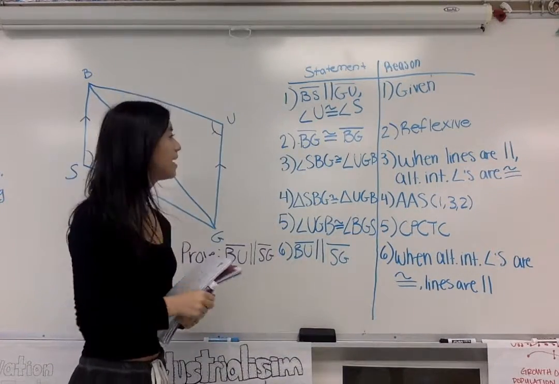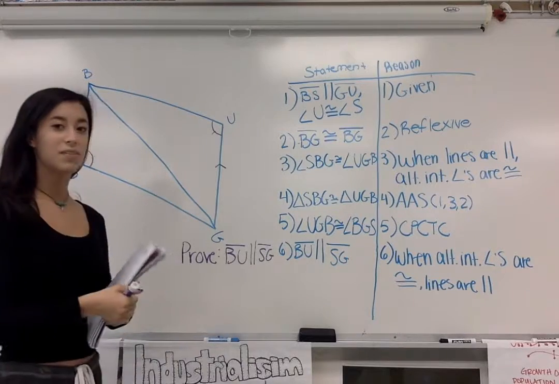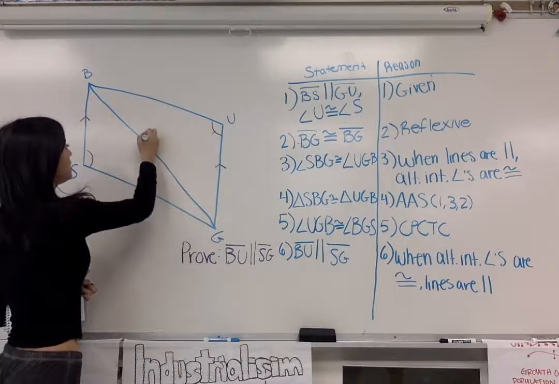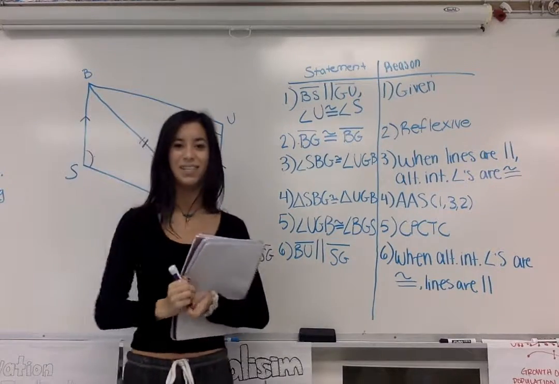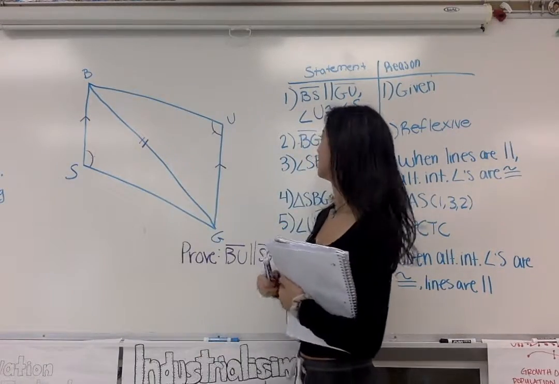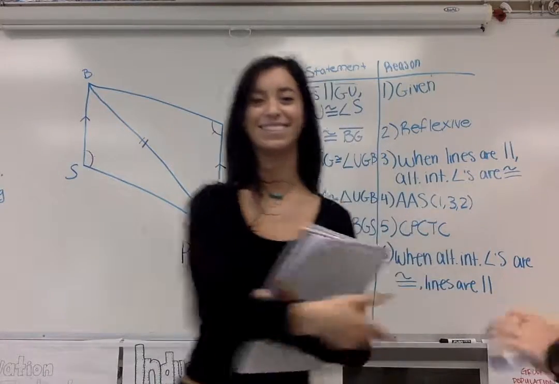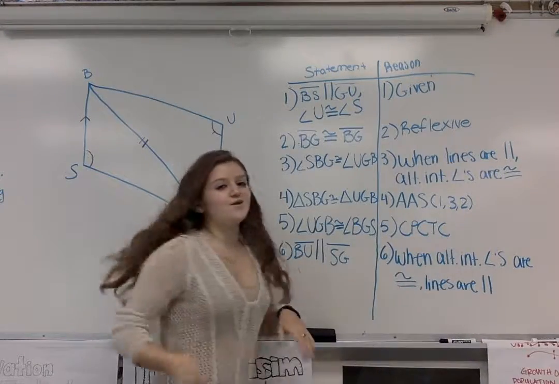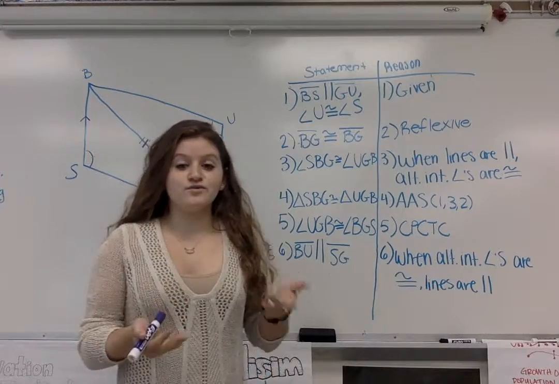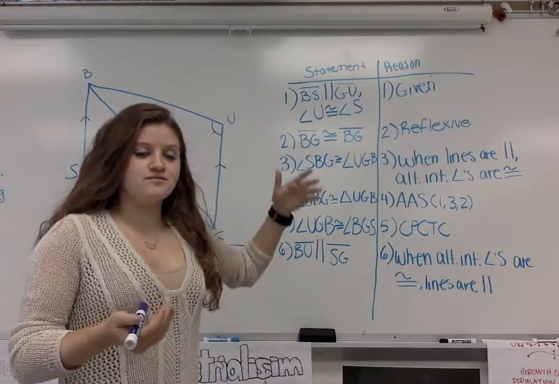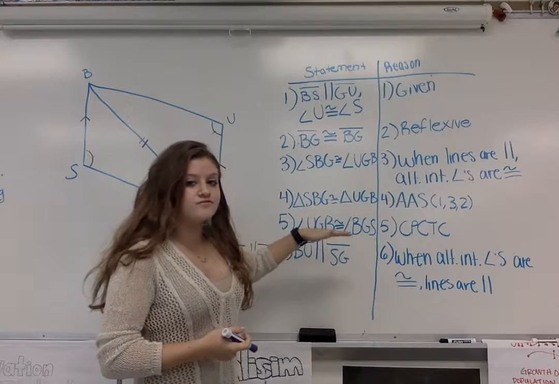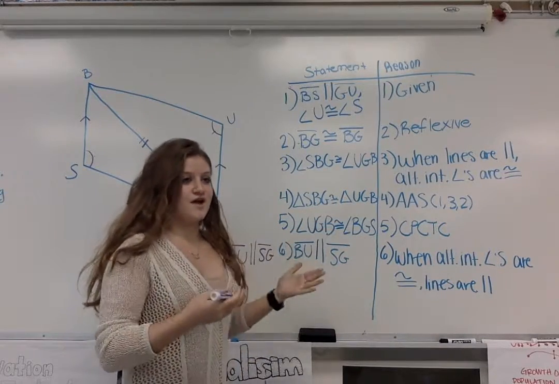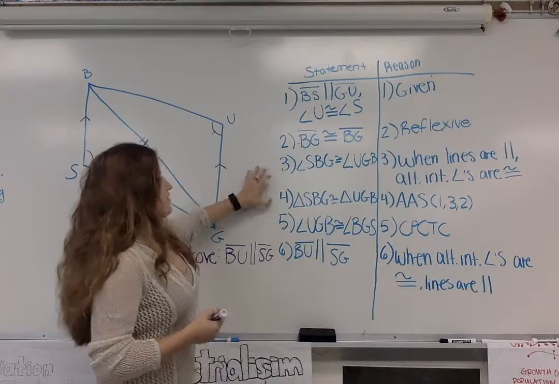So we're going to try to work our way to find that. For the next statement, it's a giveaway, because BG is congruent to BG because of the reflexive property. That was pretty easy, but you have to know that so that when you go down to the lower statements and reasons, you get all three that you want.